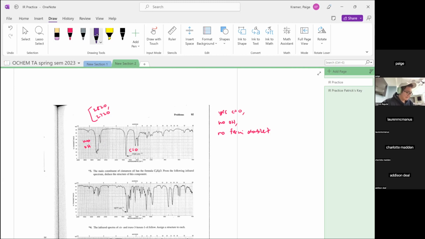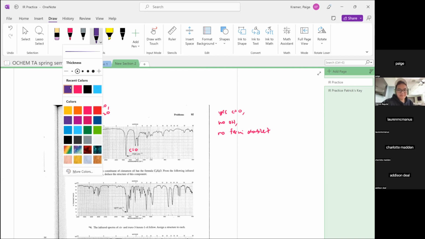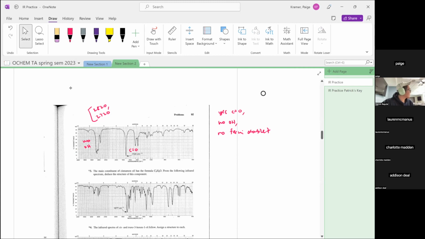I remember Berg, when I was taking OChem, said the Fermi doublet was pretty rigid, so stick to numbers around 2800 and 2700, so that you can see the first peak and the one that's kind of eaten up on the side. The second one is sucked into this one.